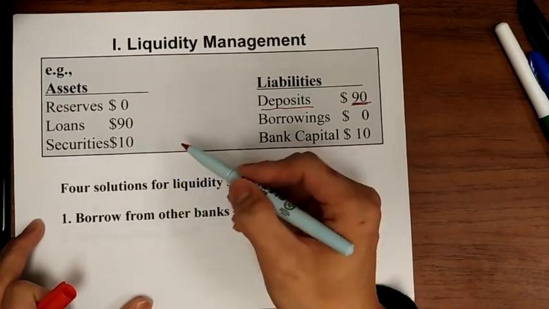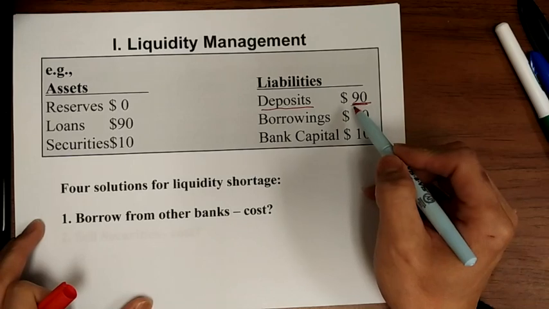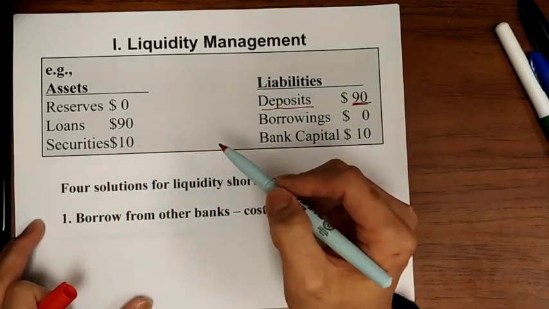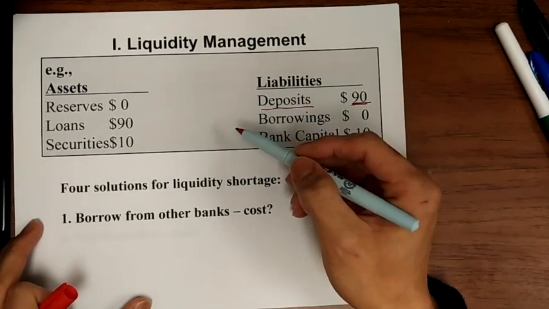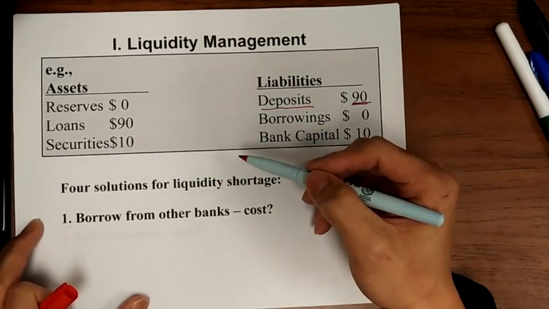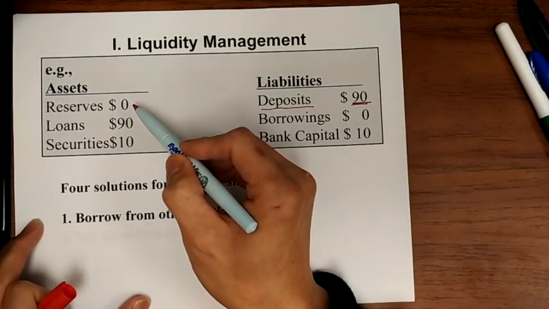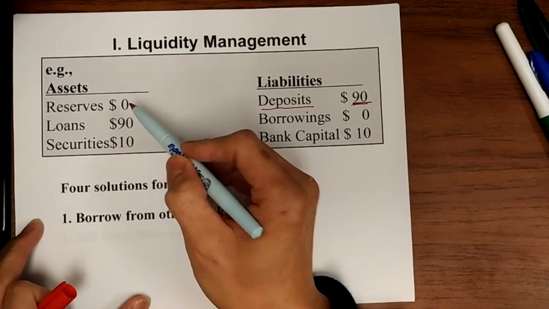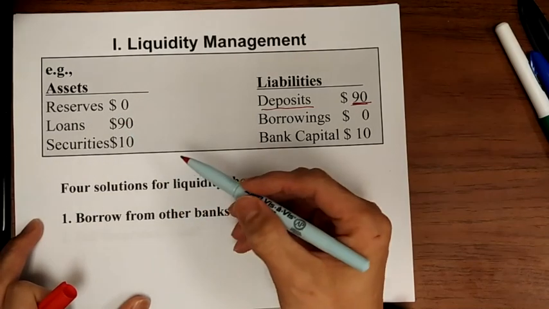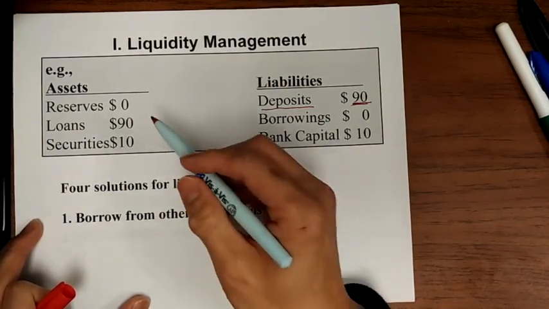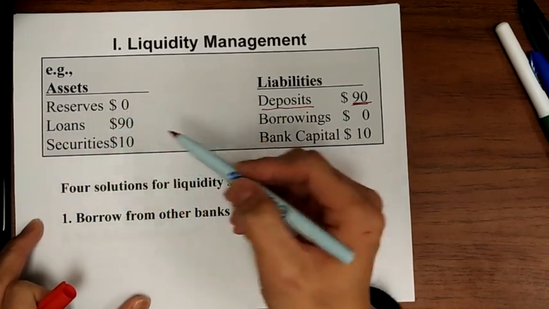That is, you have to estimate how much of this deposit you have to keep in the safe, in the cash and reserve item. If the bank is very aggressive, then they will keep a small amount of cash and reserve in the safe or in the Federal Reserve Bank's account. If they are more conservative, then they will keep more cash and reserve.